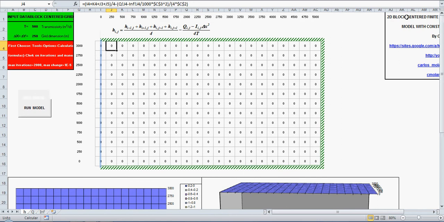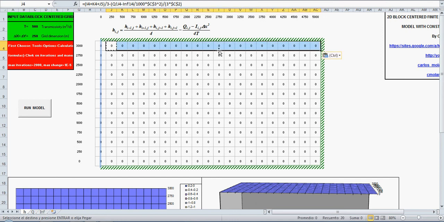For a block-centered finite difference grid, one way to remember is as follows. We don't have row 3 here, so we can delete it, and here divided by 3, and here also divided by 3. Let's copy that.